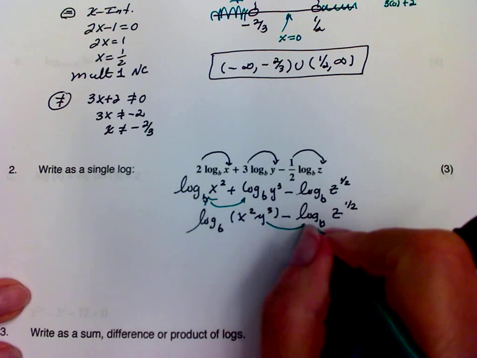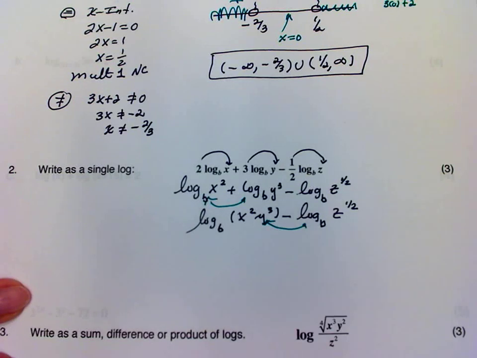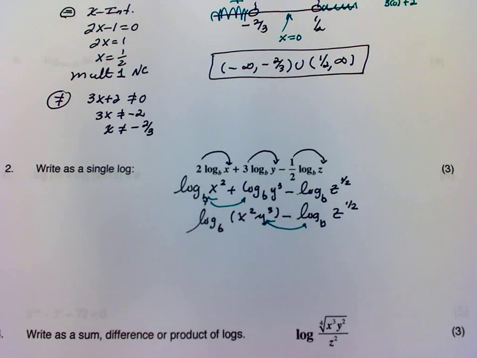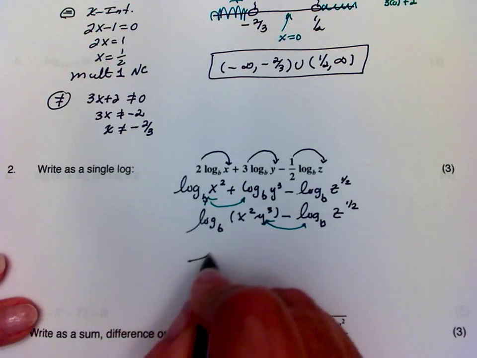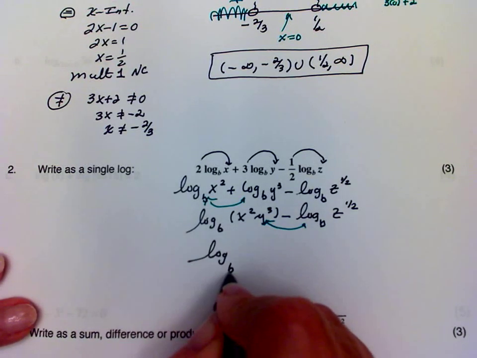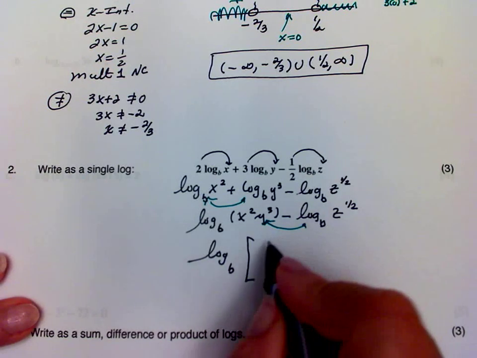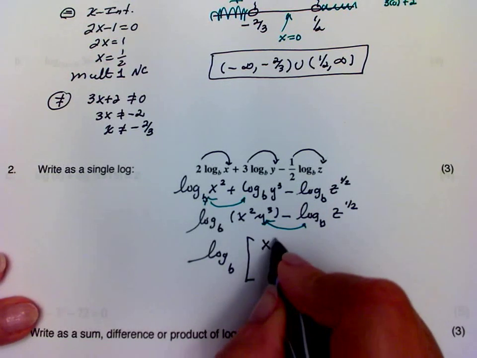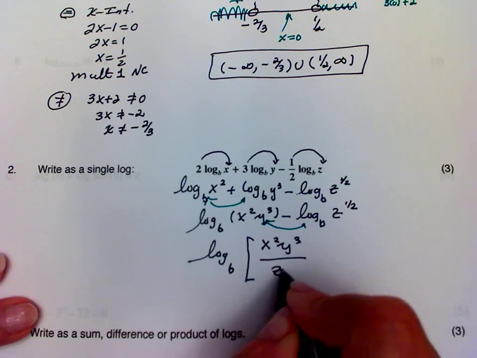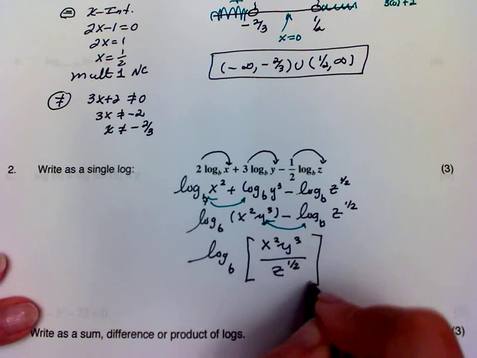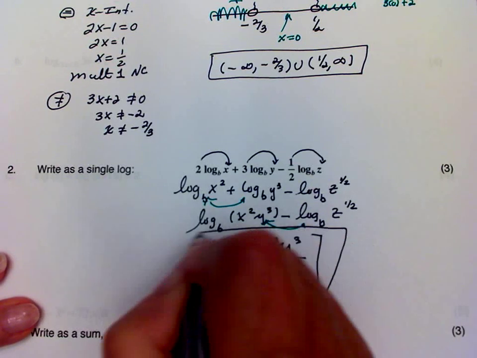Now these get brought together using properties of log. This says if I have a difference, it turns into a quotient. So my final answer is log base b, and it's going to be this whole big thing. The numerator is x squared y cubed. The denominator is z to the 1/2. Really don't have to do anything more with it at this point in time.